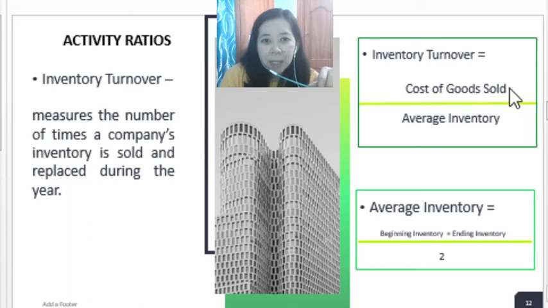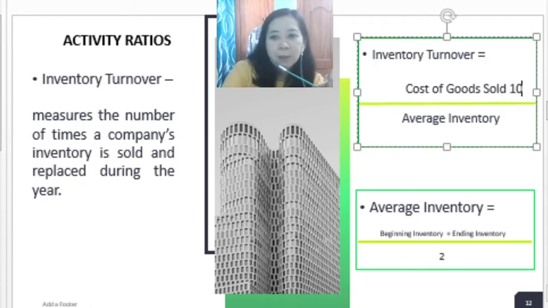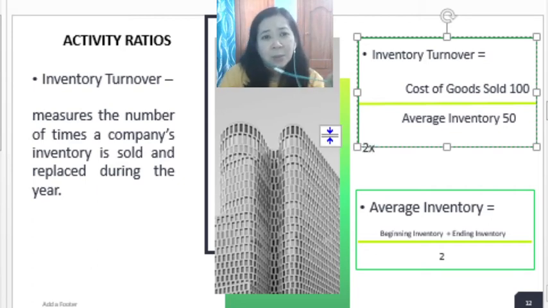Here, if we take this example, if we make this 100, and our average inventory, for example, is 50, your inventory turnover is equal to 2 times. So in a year, you only convert inventory into cash twice. Just like our accounts receivable, the higher the inventory turnover, the better.